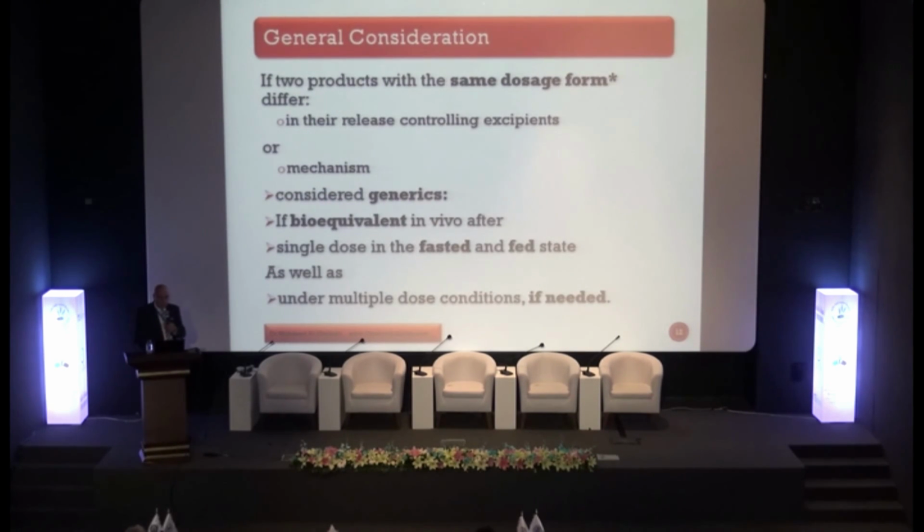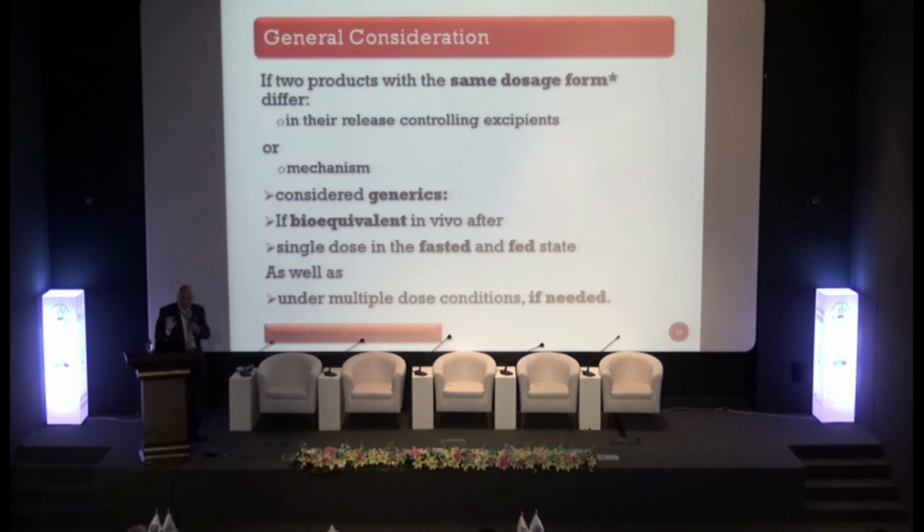This is a very crucial slide. It says if two products with the same dosage form differ in their release controlling excipient and/or mechanism, only consider generics if bioequivalent in vivo after single dose in fasted and fed state.